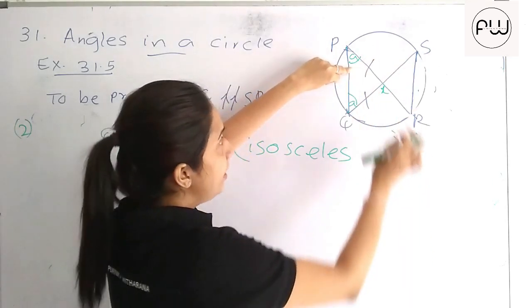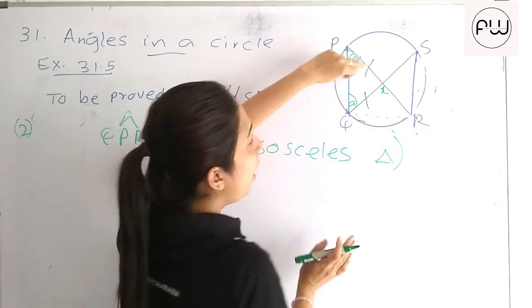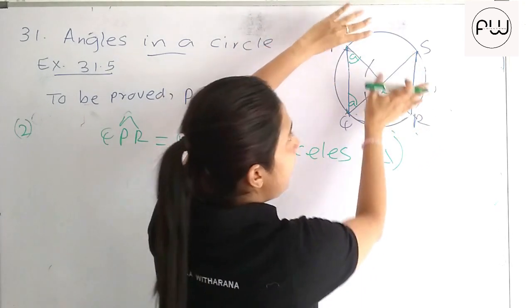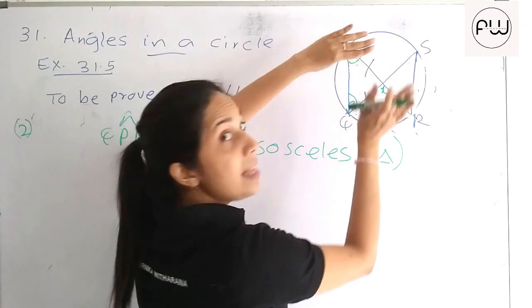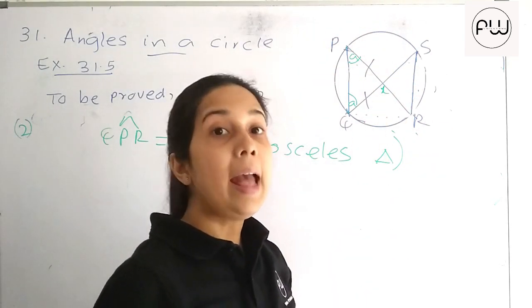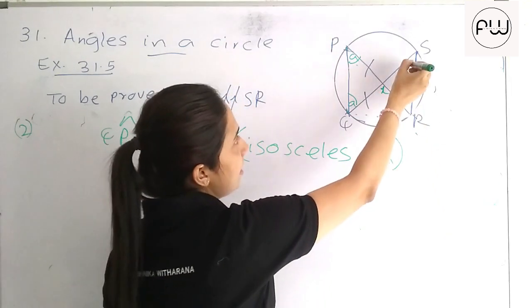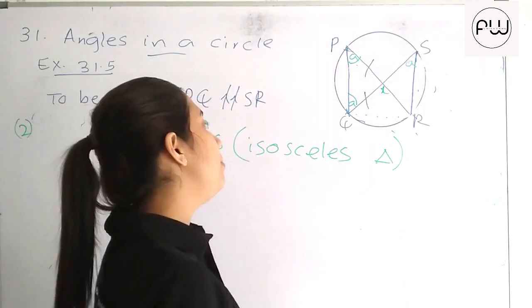If we consider this angle and this angle, now let's consider QR chord and this segment. These two angles are in the same segment. Already we know the theorem. What is it? Angles in the same segment are equal. Then if this is A, this one should also be A.